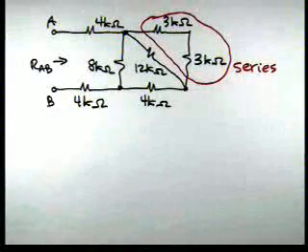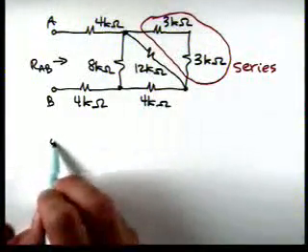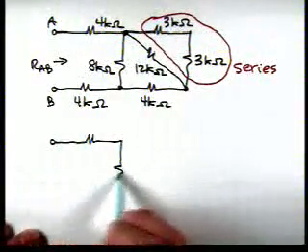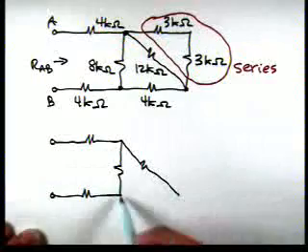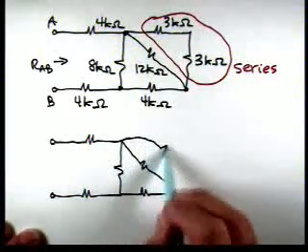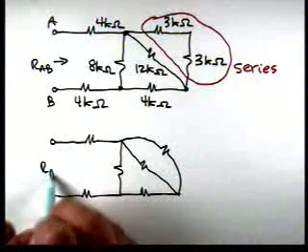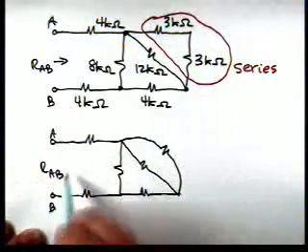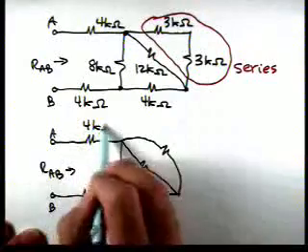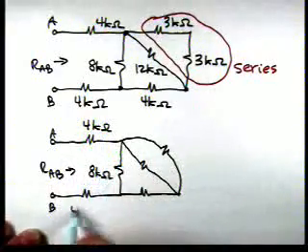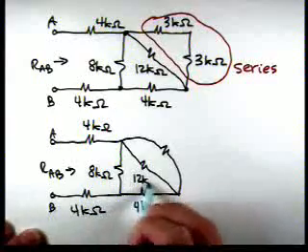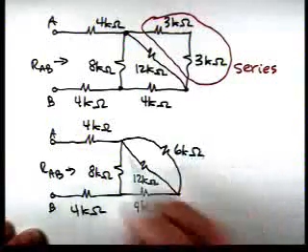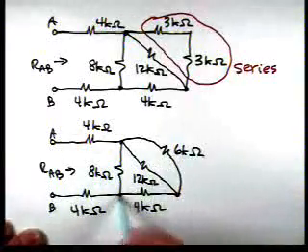So if we combine those in series, we will get a single 6 kilohm resistor. So now let's redraw the circuit showing that combination. So again, here are the terminals A and B. Here's RAB. Okay, so there's our resulting circuit.